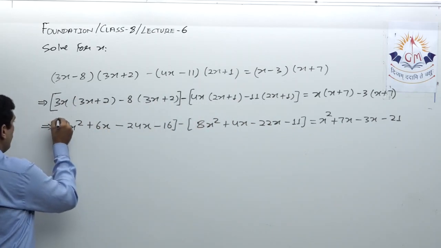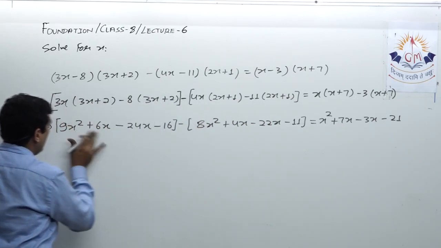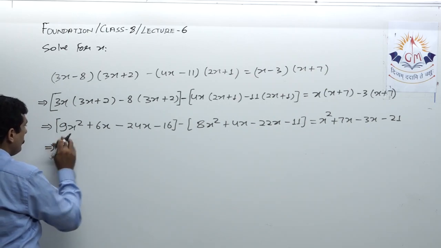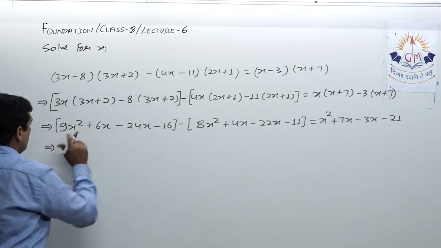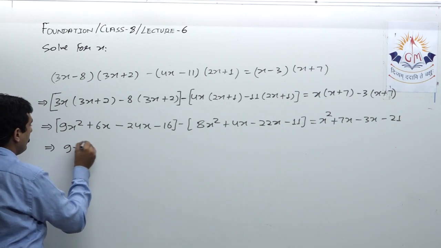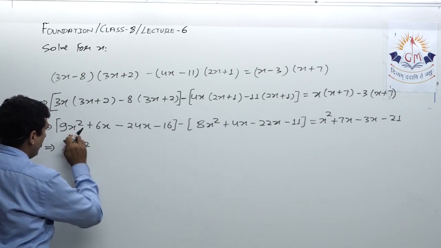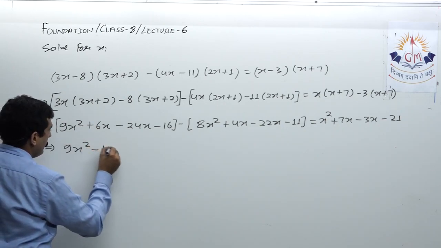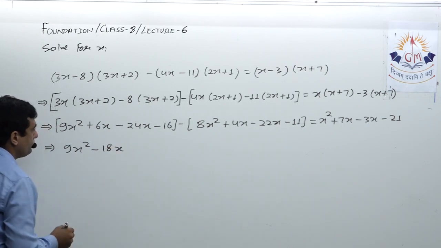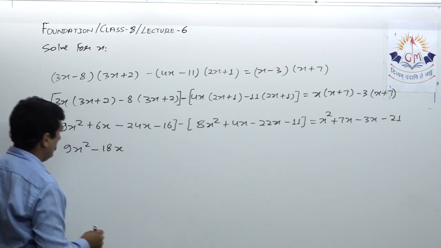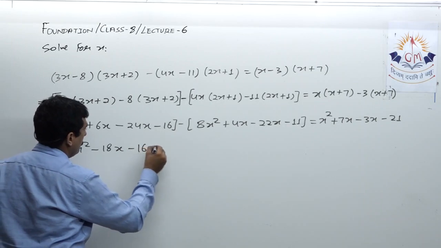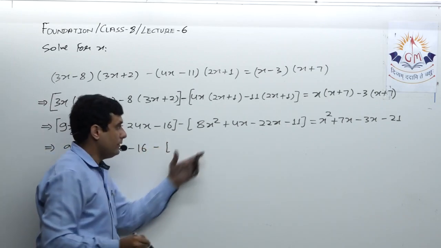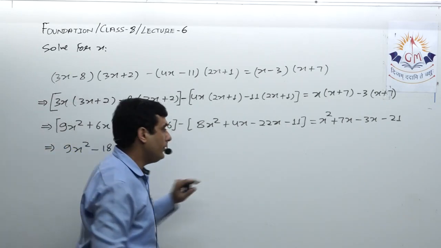Now first of all I will see if there is any further simplification possible within the bracket. Yes, so what is the simplified form of the first bracket? 9x square minus 18x minus 16. Now I will see if the second bracket can be simplified further.